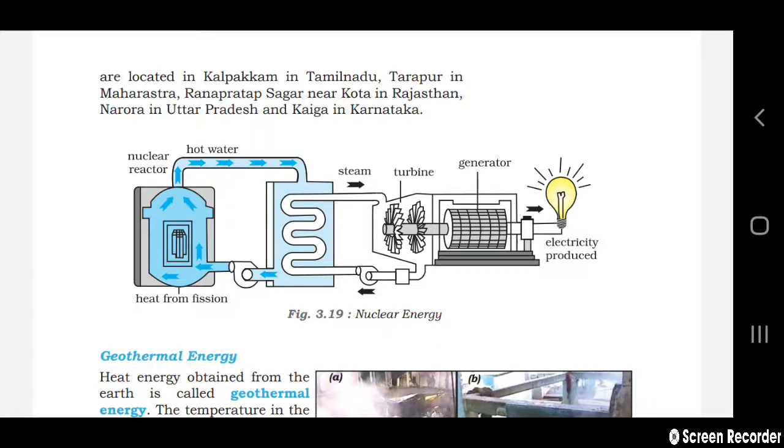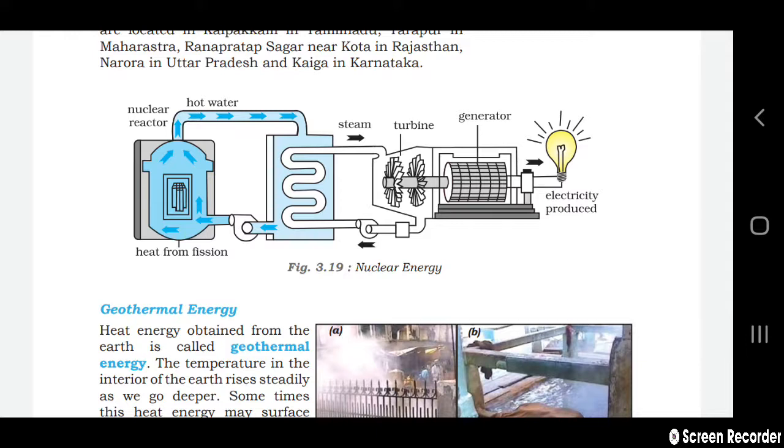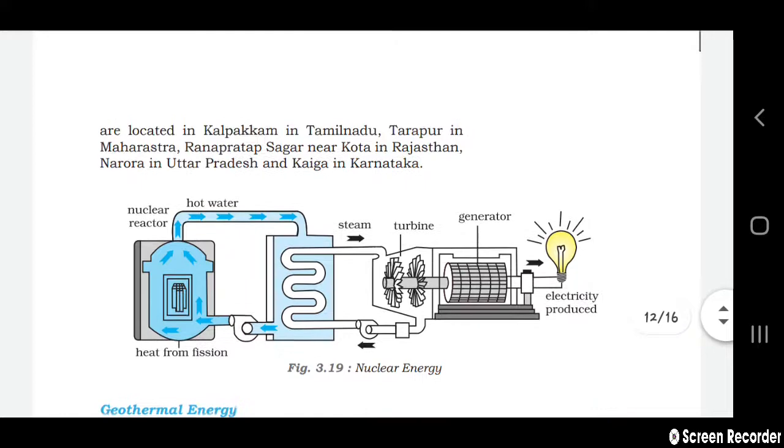Now, how nuclear energy comes about: in the nuclear reactor, heat comes from fission, and by that heat, water becomes hot and goes to the turbine, which rotates. When the turbine rotates, the generator produces electricity, and here you can see the bulb glowing.